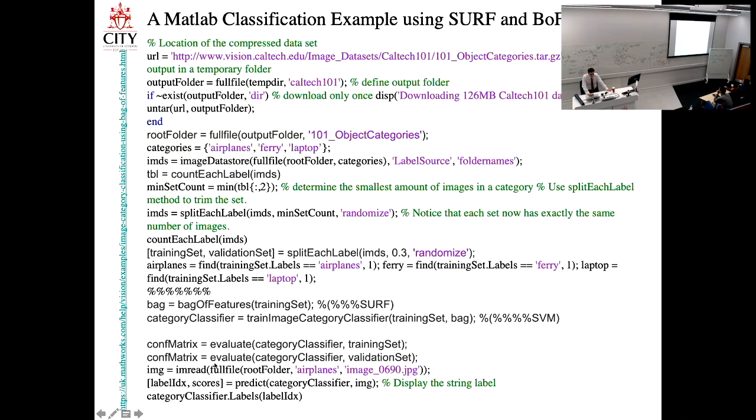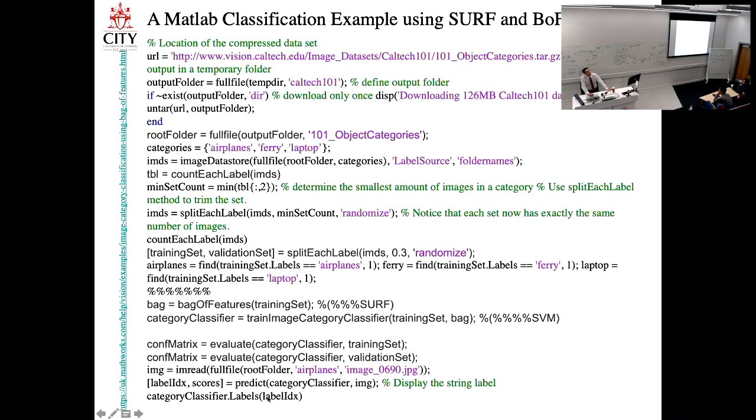And once you have a new image, let's say I'm going to test image 0690, I read that image, and then I call predict. I call my classifier and the image, and it generates the labels for me. It says what your result is. This is the label, and then I say, okay, now convert it into text.